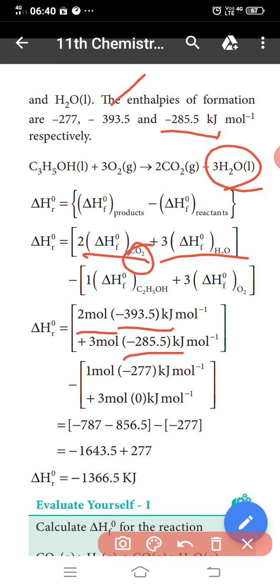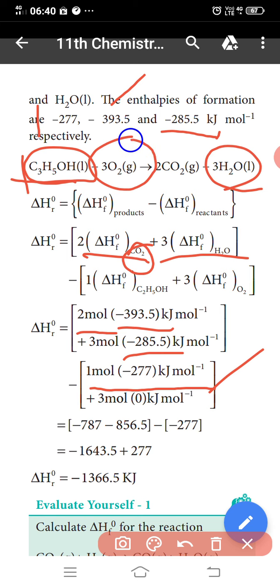Next, the reactant side: 1 mole of ethyl alcohol, so 1 into minus 277. Then 3 moles of oxygen, 3 into 0, which is 0.